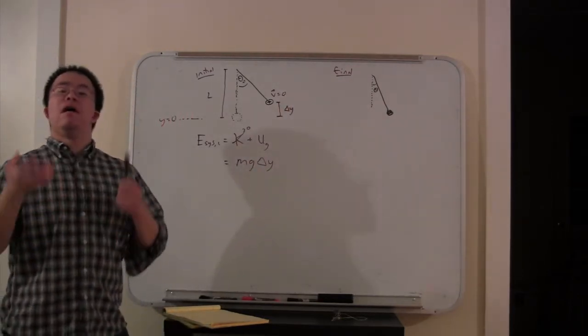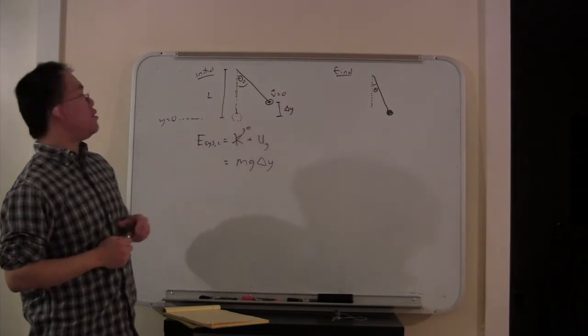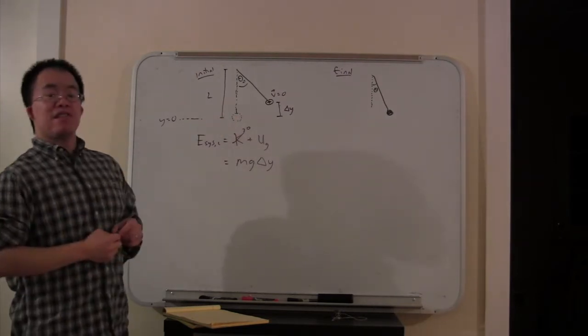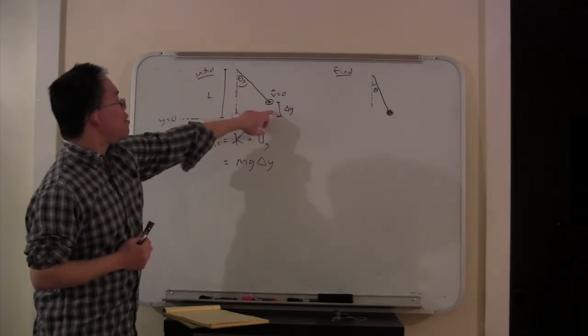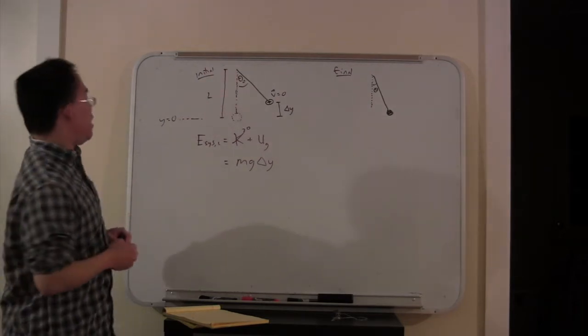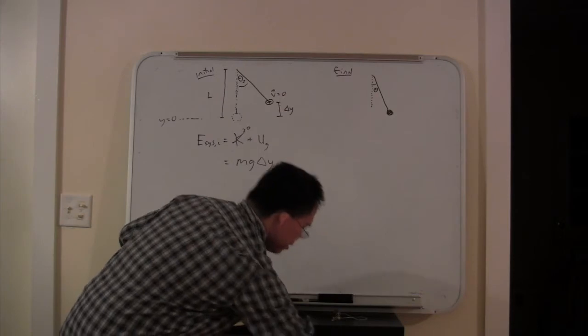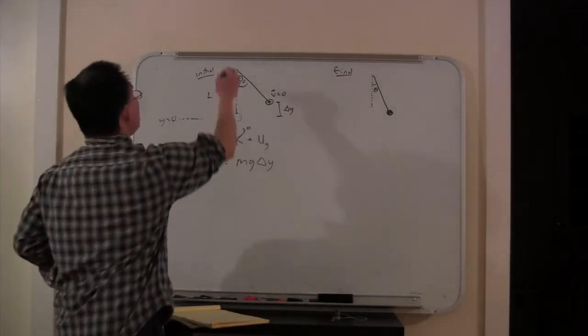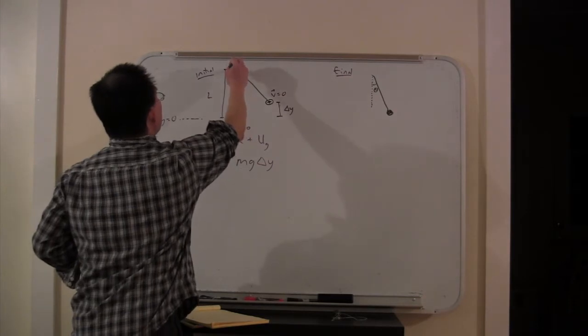That's how high the bob is above this point here. If you look at this diagram, you can see that delta y plus this piece here adds up to L. Let me draw that in a different color.